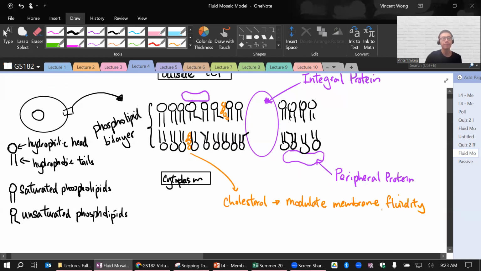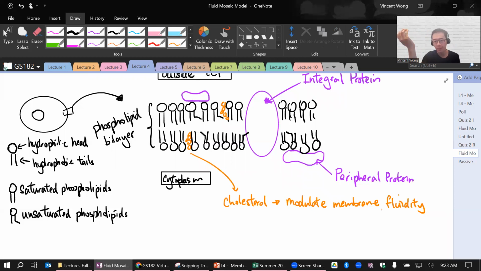Now listen for a second, right? You don't want a membrane to be too fluid. If it's too fluid, if it's too liquidy, things just leak in and out easily without any kind of regulation, right? So we don't want that. On the other hand, we don't want it to be too solid either. If it's too solid, then nothing goes through, right?